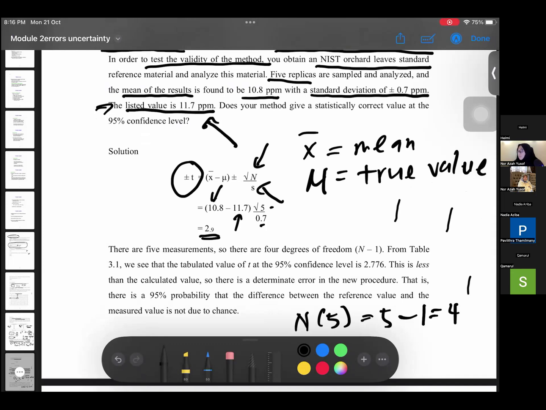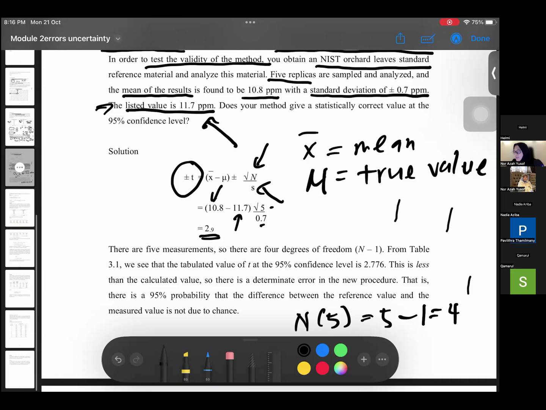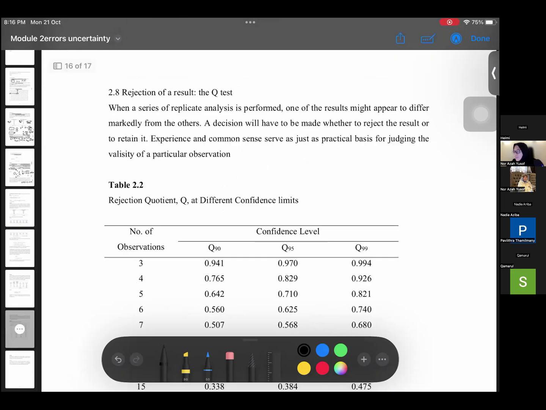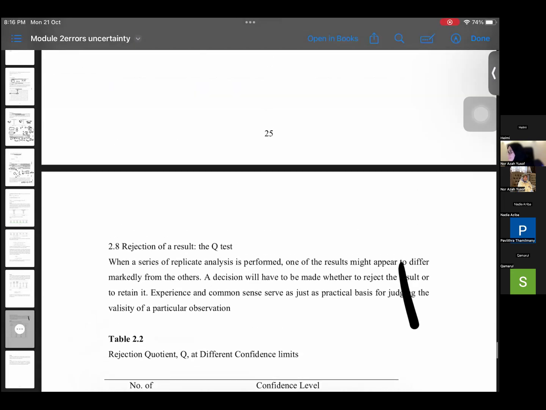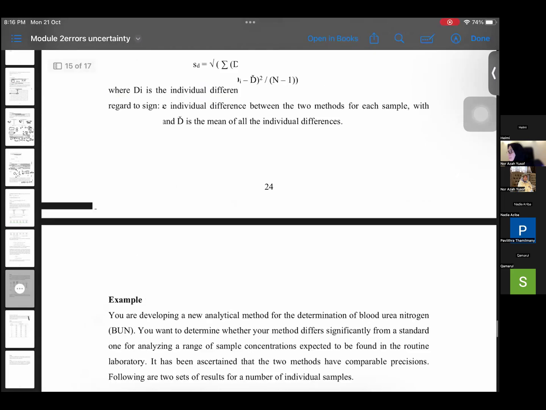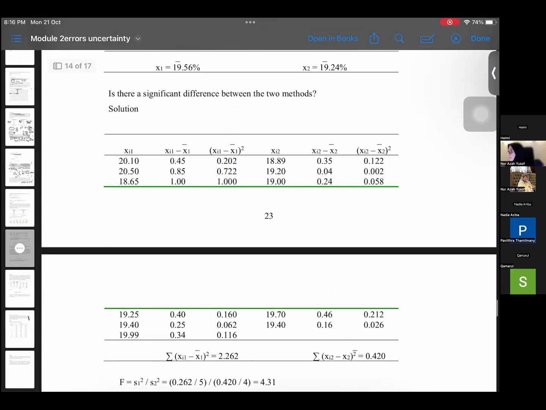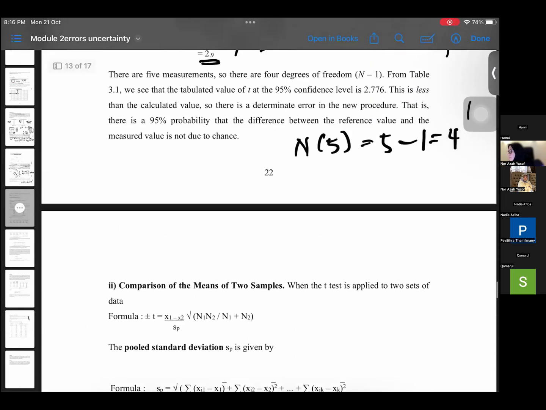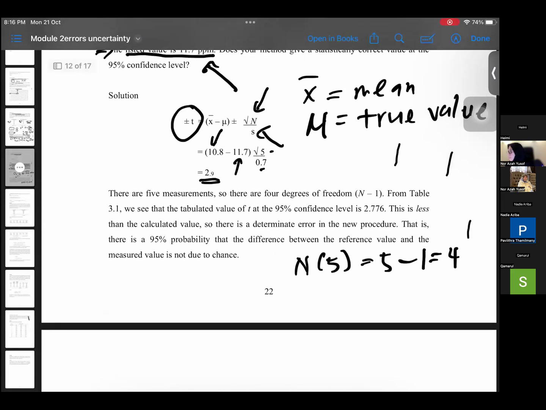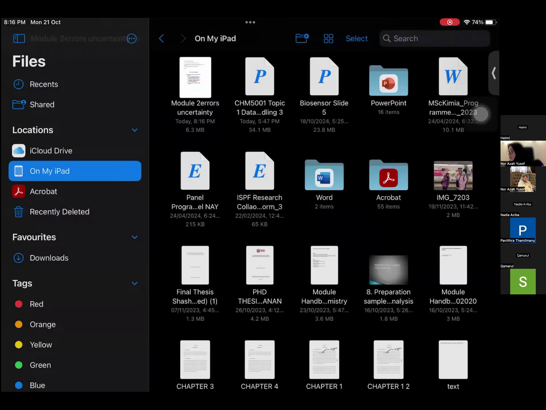Okay, so let's search for, I don't have it here. This is Q, right? Let's go back. Let's check on the table. Fine. Where's the PowerPoint?